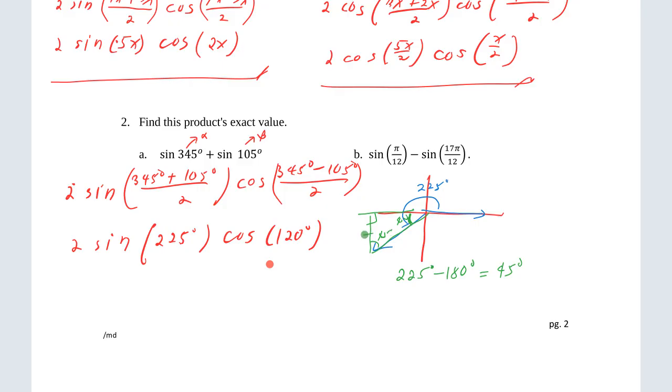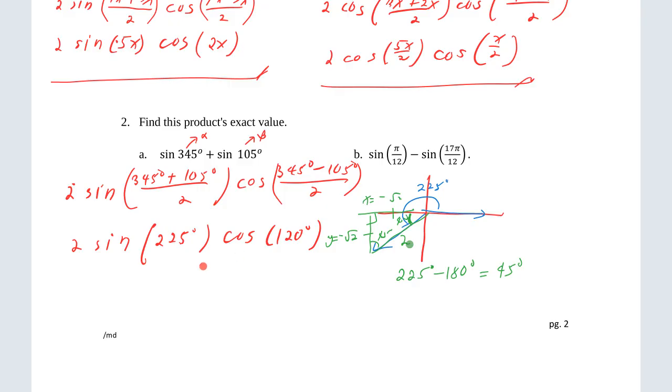And we know that these two sides right here measure radical 2. Since this is in quadrant 3, this x right here is equal to negative radical 2, and the y here is also equal to negative radical 2, given that the hypotenuse is 2.